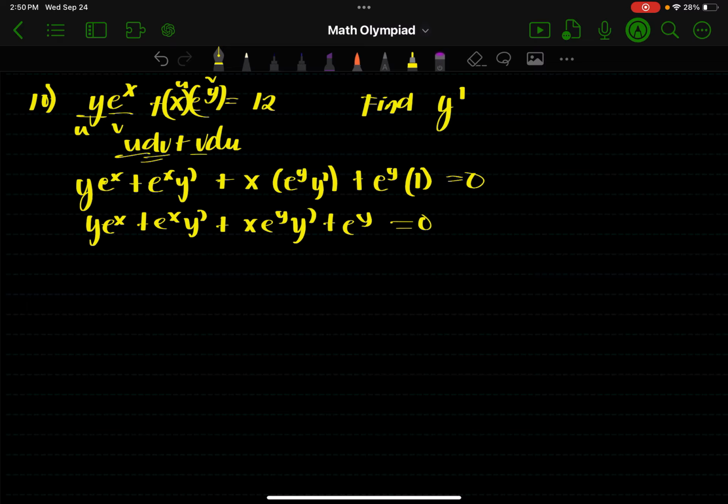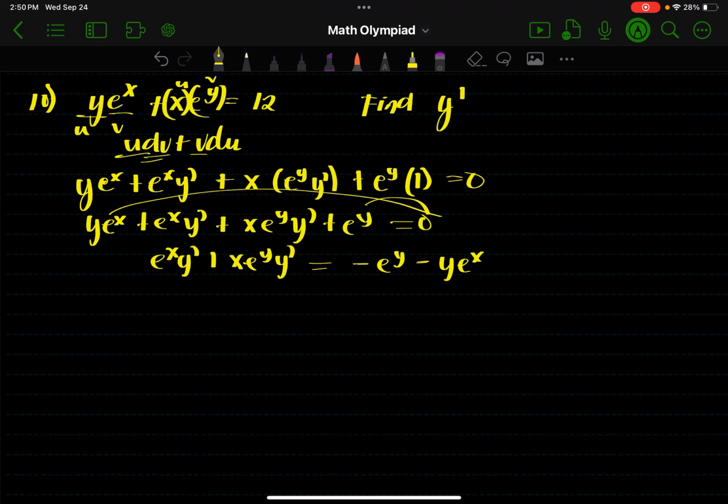Transpose terms without y prime. So we have e raised to x y prime plus x e raised to y y prime equals negative e raised to y minus y e raised to x. Factor out y prime times e raised to x plus x e raised to y equals negative of the quantity e raised to y plus y e raised to x.